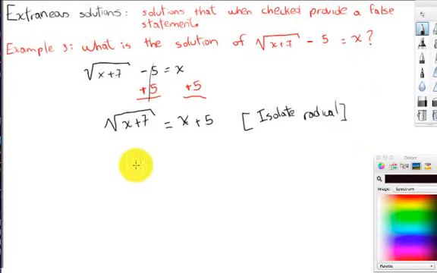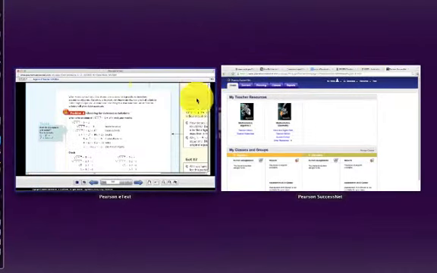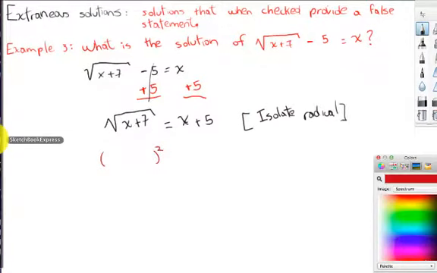So next, how do I get rid of this index 2 radical? The correct answer is I raise it to the exponent of 2. Oh, sorry guys, I made a mistake. Okay, so I'm going to have the square root of x plus 7 squared is equal to x plus 5 squared, and what I do to one side, I do to the other side.